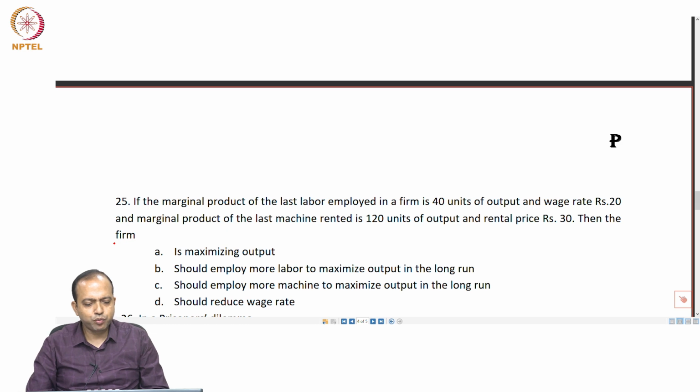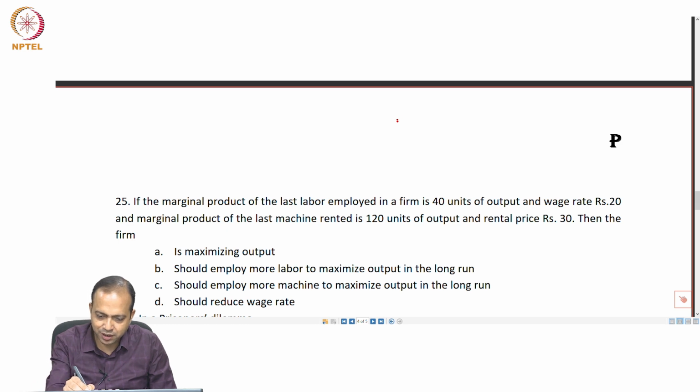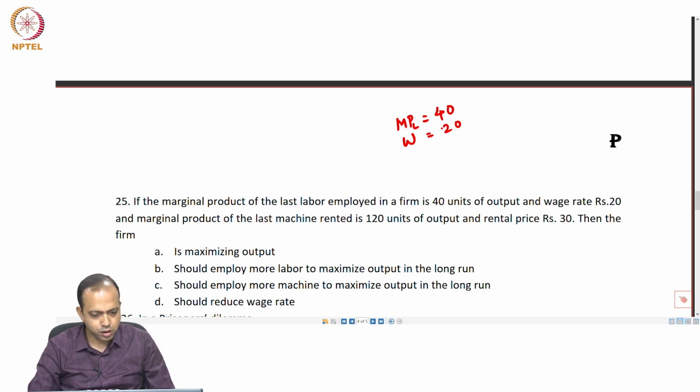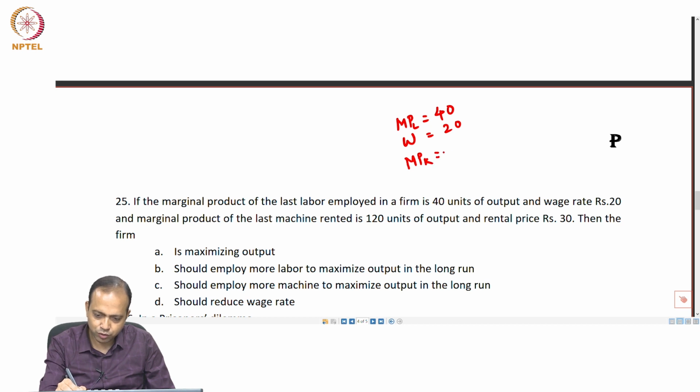If the marginal product of the last labor employed in a firm is 40 units of output, so that means the information given is MPL is 40, wage rate is 20, marginal product of the last machine, that is marginal product of capital, MPK, is 120, and the rental is 30.